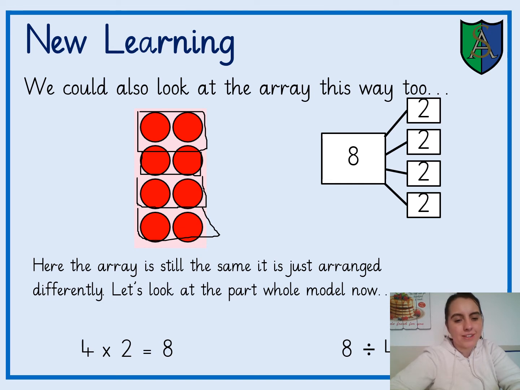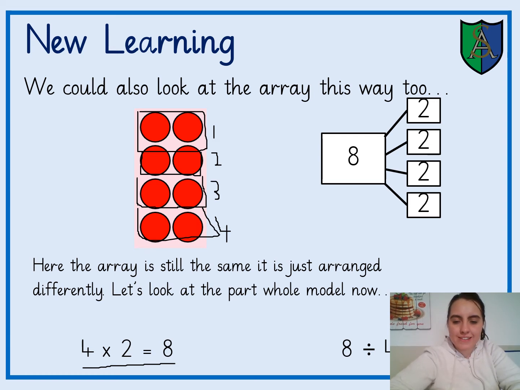Here we go. If we were looking at the multiplication, it would be 4 groups of 2, wouldn't it? So 4 groups of 2, and we would write this as our multiplication: 4 multiplied by 2 is equal to 8.